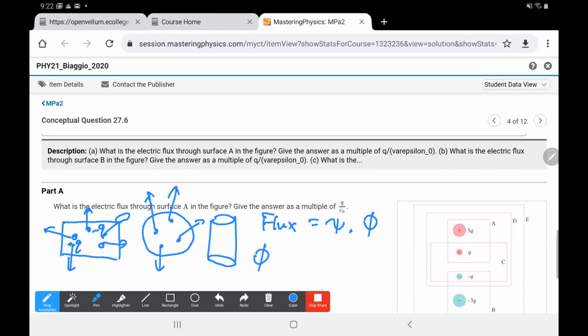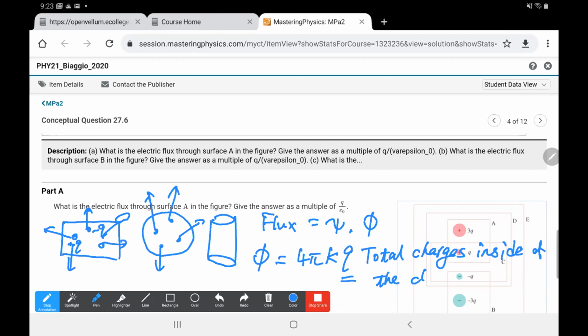The flux of the surface is equal to 4 pi k times the Q. The Q here is the total charge inside the closed surface.